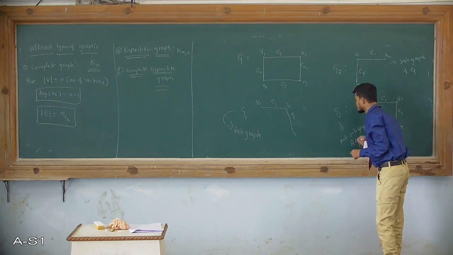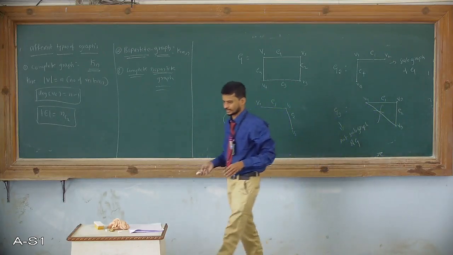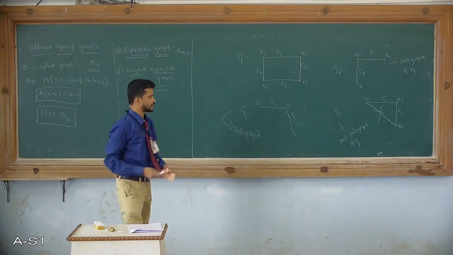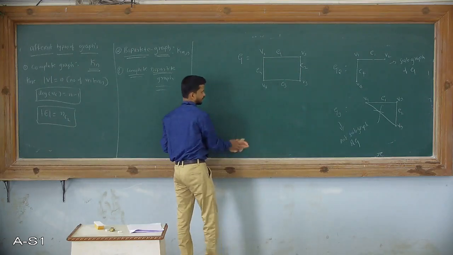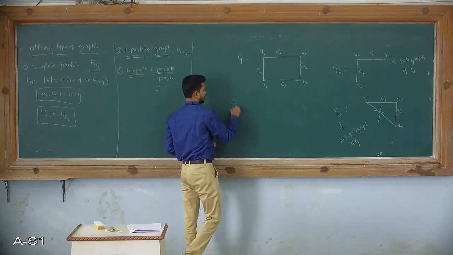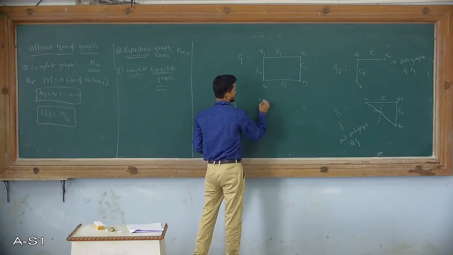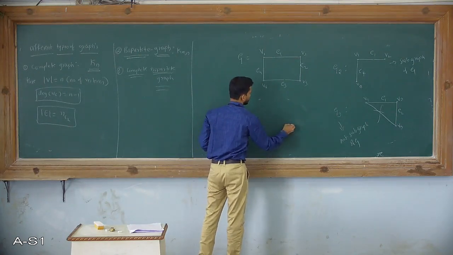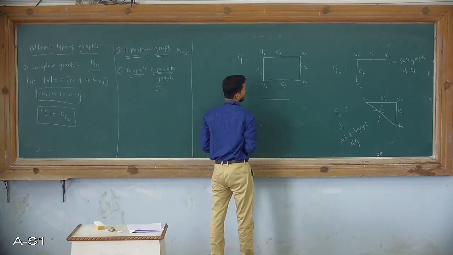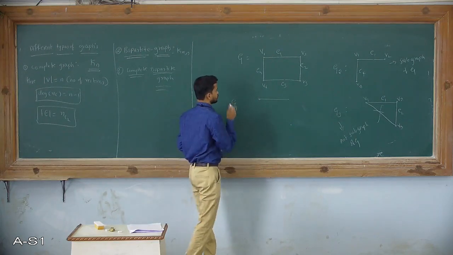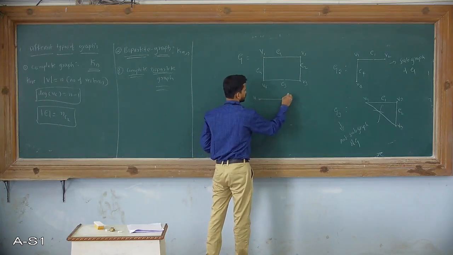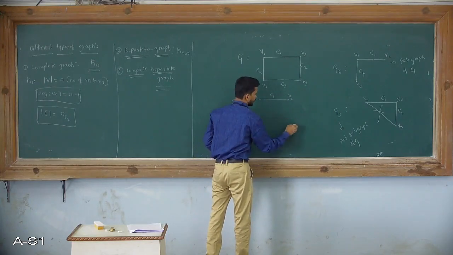Similarly, we consider one more very simple example, similar to it. I will consider one more graph, G4, with V1, V2, V3 and V4. Instead of that, I will take only V1, V2, E1 and V3.